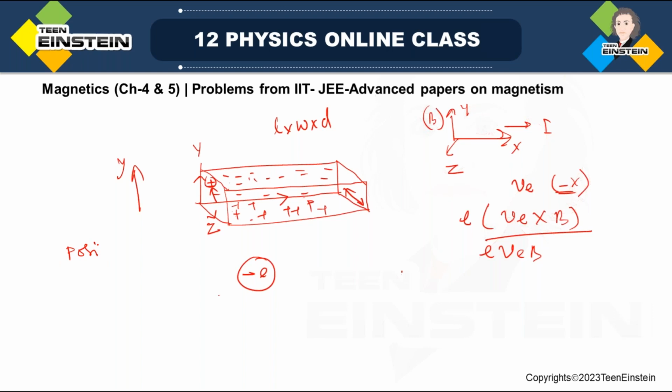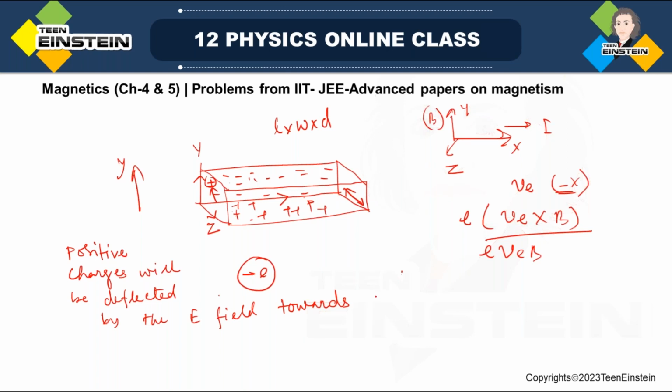So positive charges will be deflected by the electric field towards negative z direction of the face. Okay, of the rectangular strip.